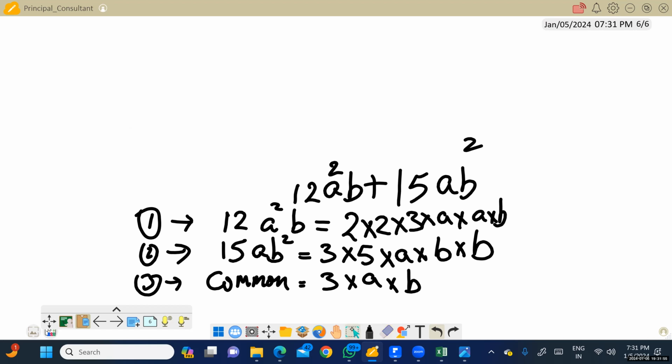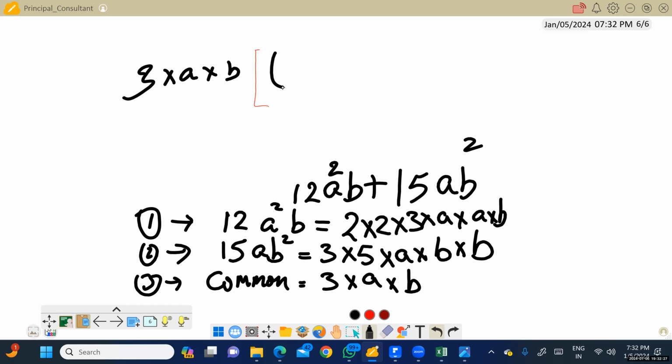Now, if I take this as common, 3 into A into B, then from here, if I take this as common, 3AB, what do I put over here now?